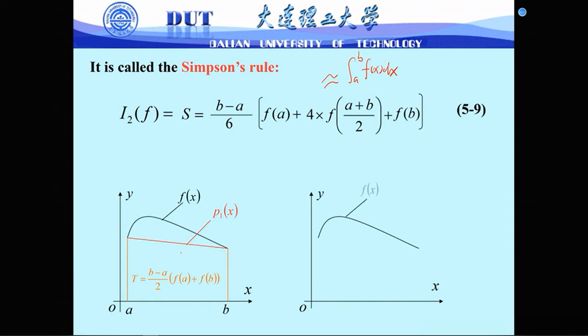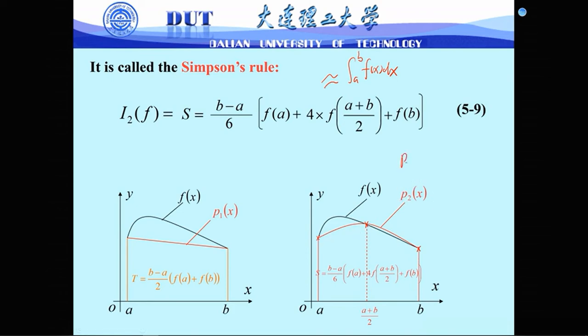Next, let's consider the geometric meaning of Simpson's rule. For Simpson's rule, we use 3 function values at the 2 endpoints and also the midpoint. So that means we use the 3 points. We draw a parabolic curve that interpolates the 3 points, and we obtain P2.